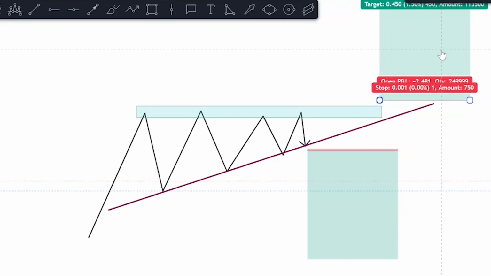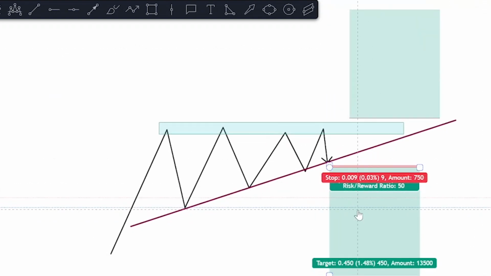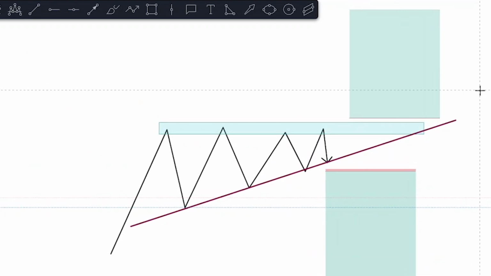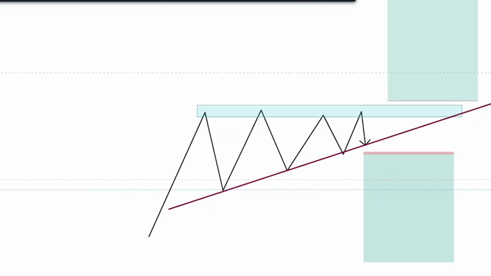You will set a buy stop above resistance and a sell stop below. So when we break out from those areas, that's where we are going to be taking those opportunities to buy or sell. That is the first way to trade this chart pattern.